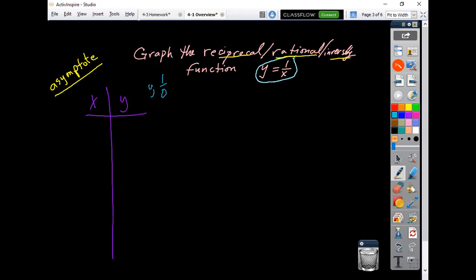If you put a 0 in here, that's something that's going to be known on the graph as an asymptote. The graph approaches it. Some people will erroneously say that the graph doesn't cross the asymptote, but that's not truly correct. In some problems it will, but it approaches it. It keeps getting closer and closer and closer.